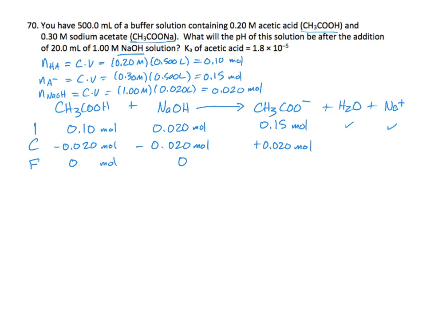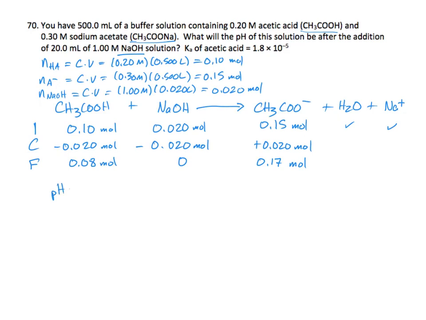No. So that should be 0.08 moles. And on the right-hand side, we have 0.17 moles. So now we have a buffer situation. We have a conjugate acid as a weak acid along with its conjugate base. So we can stick these numbers directly into the Henderson-Hasselbalch equation.